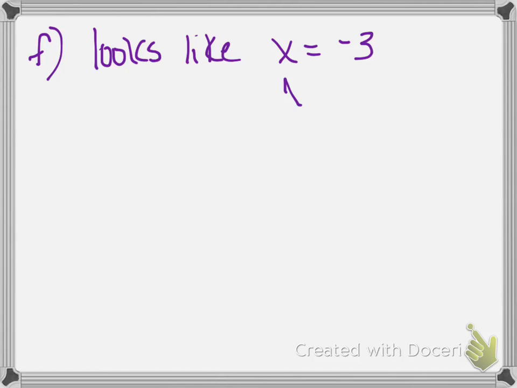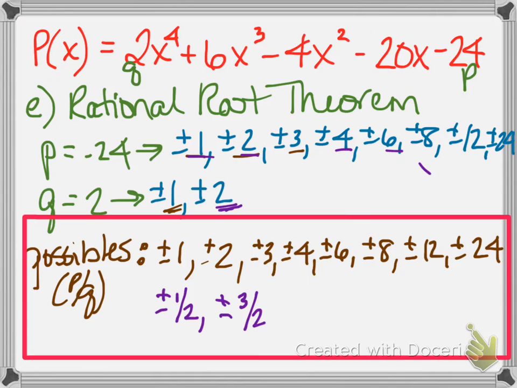for letter F or B, whatever you want to call it, from the graph, it looks like x equals -3 and x equals 2. Now remember, we go back and look in our list of possibilities to see if they were part of our possibilities. Well, here's the 2 and here's the -3, so definitely part of our possibilities.